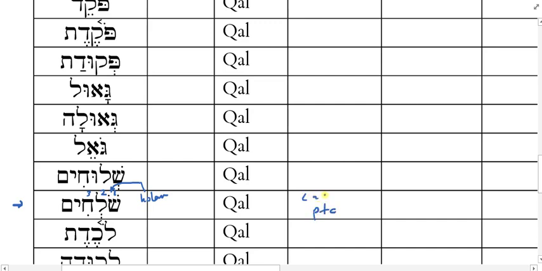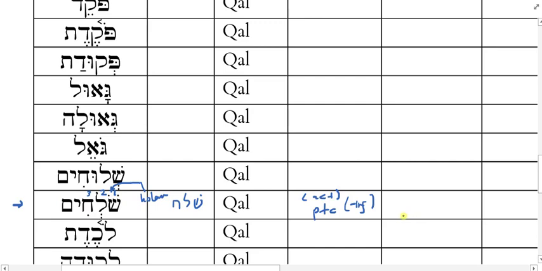And it's the active participle and not the passive one. Which means I'm going to be looking to translate this with the -ing form of the verb. So I need to write my 3 root letters, shalach, here. Qal, participle, active participle.